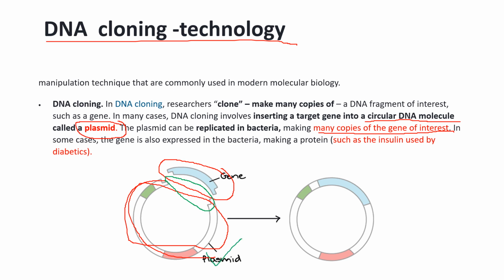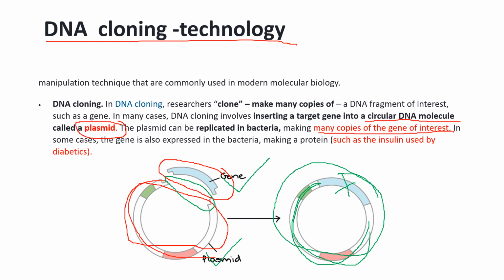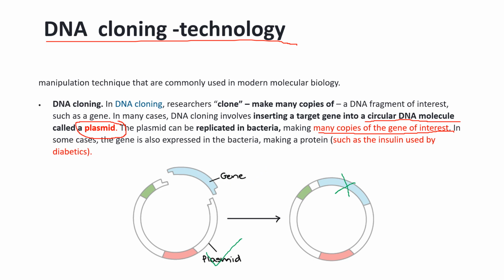We also have the DNA of interest from the human being, and these two are combined to make this recombinant DNA, the DNA from the human being and the plasmid DNA from the microorganism, making what we call recombinant DNA technology. So this is what it's all about.